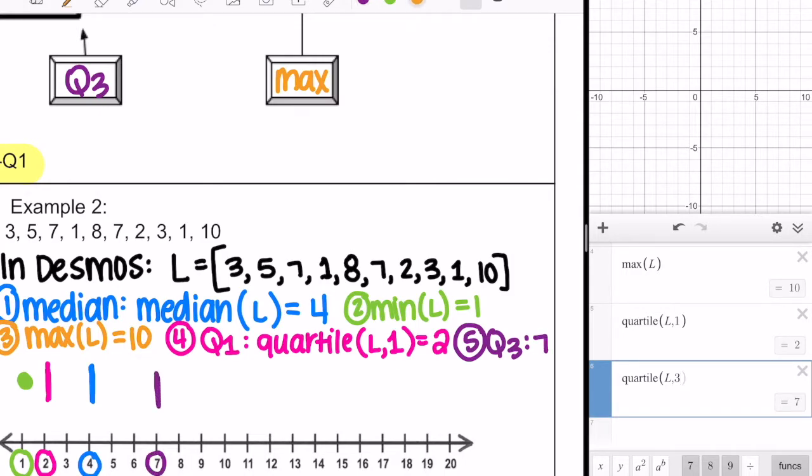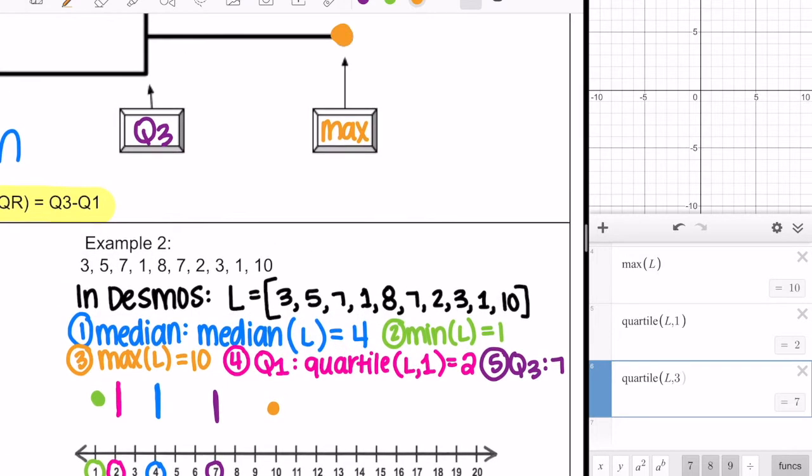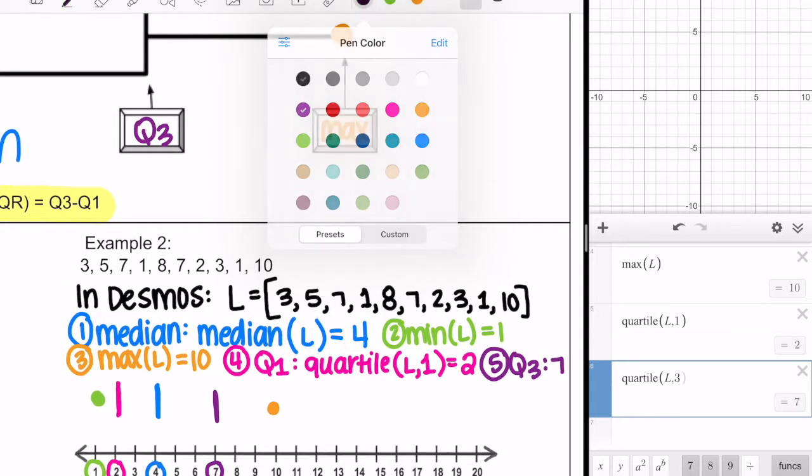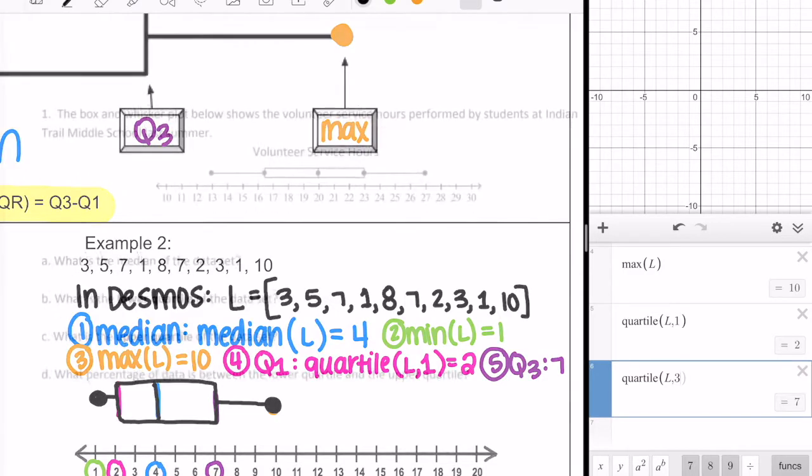Oops, and then I forgot to put our max, which was 10, so that was the end of that whisker. Okay, so now we can create the box. So the box is created by the 3 lines, and then the whiskers going off to the sides. And there's our box and whisker plot.